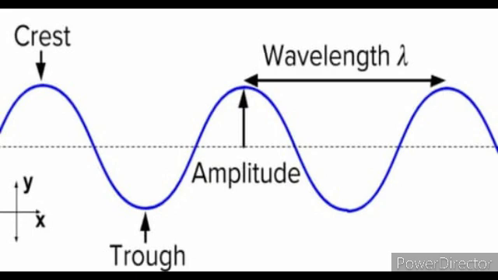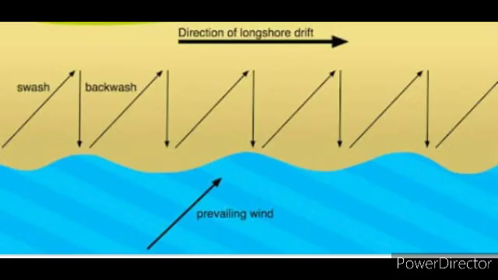An advancing wave which strikes the shore is called a swash, and a retreating wave is called a backwash. A wave that breaks apart as it approaches land, producing surf, is called a breaker.